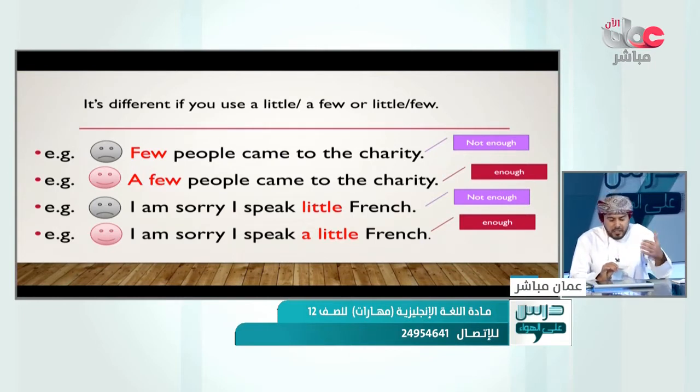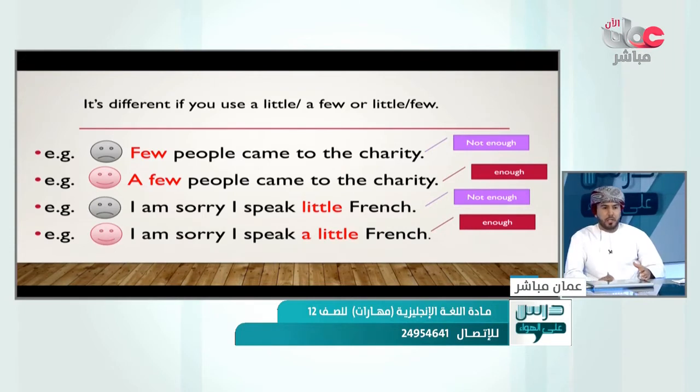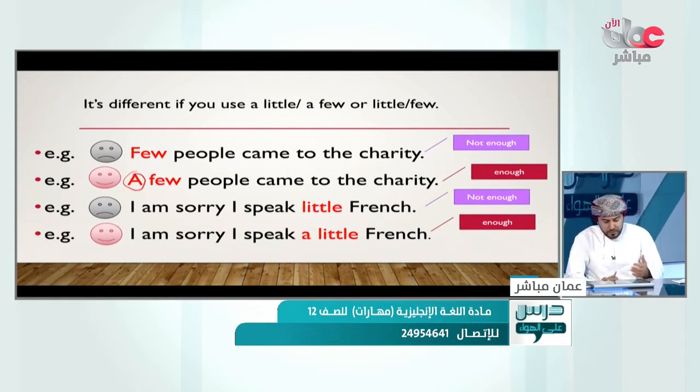It means that there are not enough people who came to the charity, and it gives you the negative connotation, negative meaning. So if you can see at this face that he is not satisfied, he is not happy about the number of people who came to the charity. But the next one, which is preceded with an article a, gives you the opposite meaning, which is totally different.